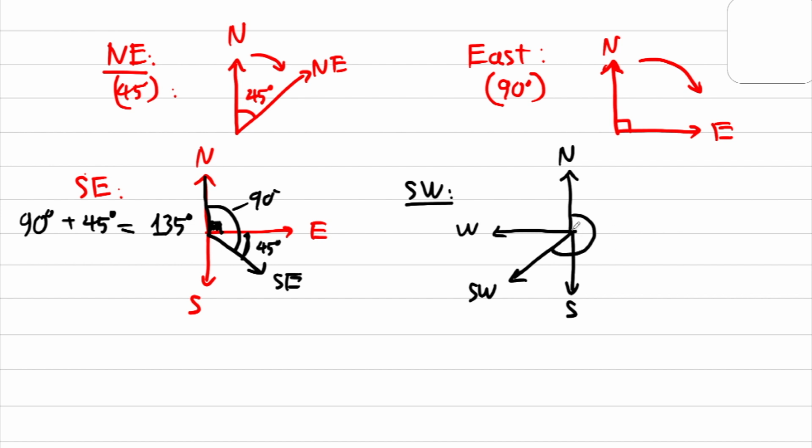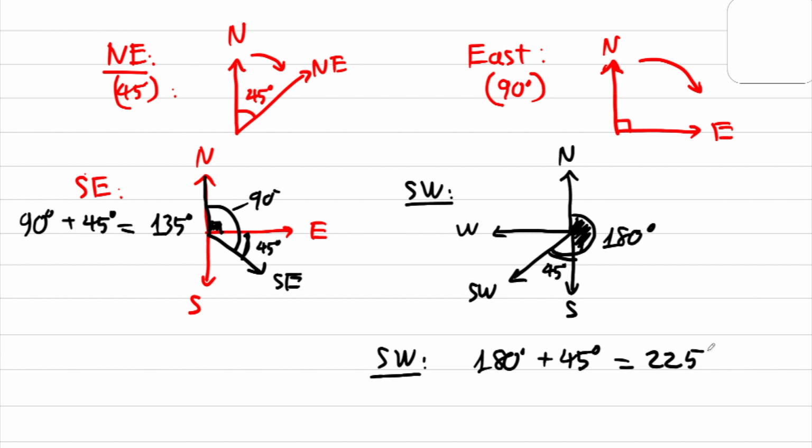It is divided into two parts. The first part is the straight line here, 180 degrees, and the second part is 45 degrees. So the bearing angle of southwest becomes 180 plus 45 degrees, 225 degrees.